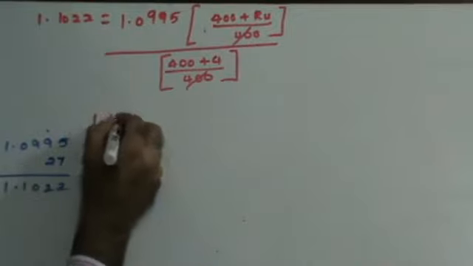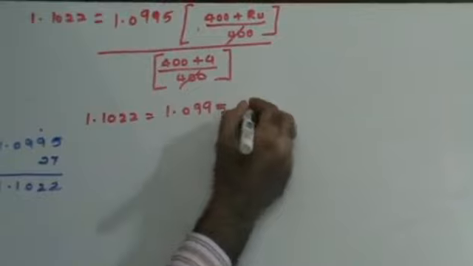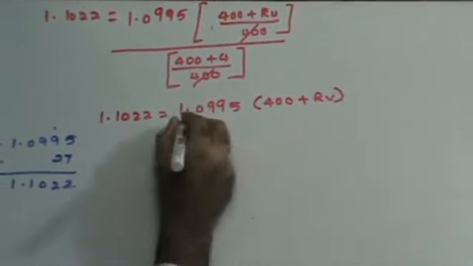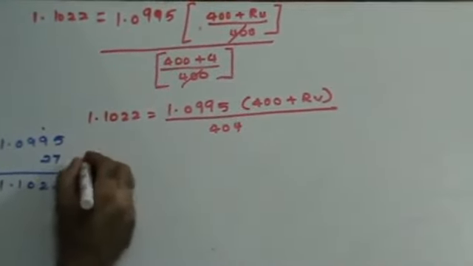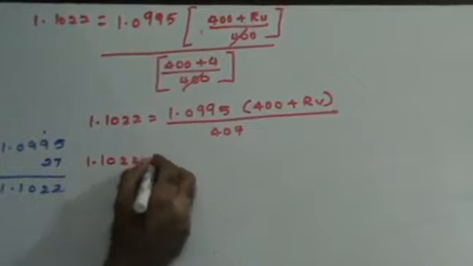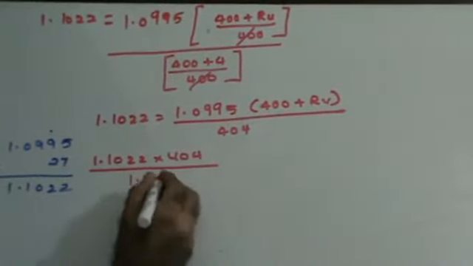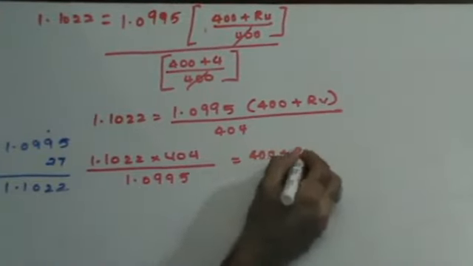So this will be 1.1022 is 1.0995, 400 plus RV upon 404. Now cross multiply. This is 1.1022 into 404 upon 1.0995 is 400 plus RV.